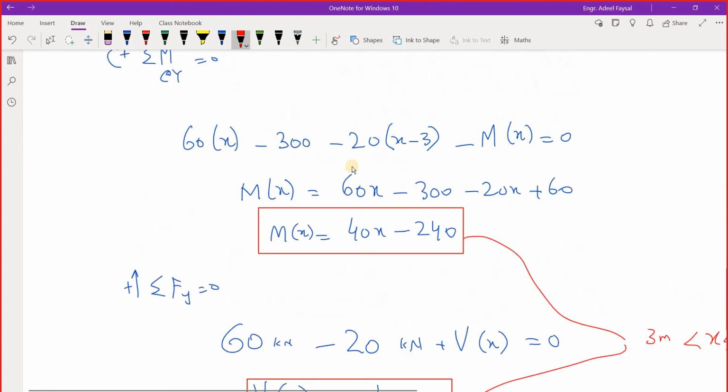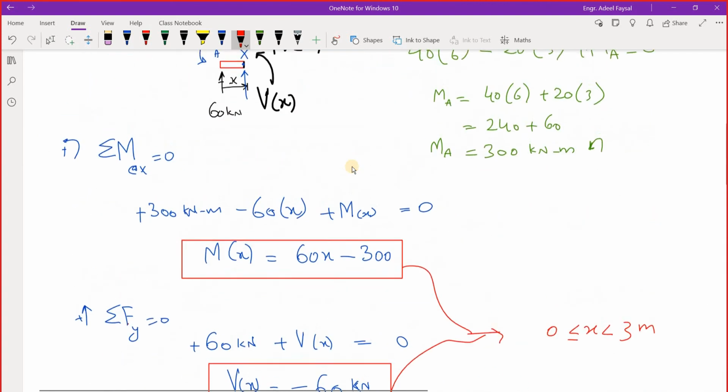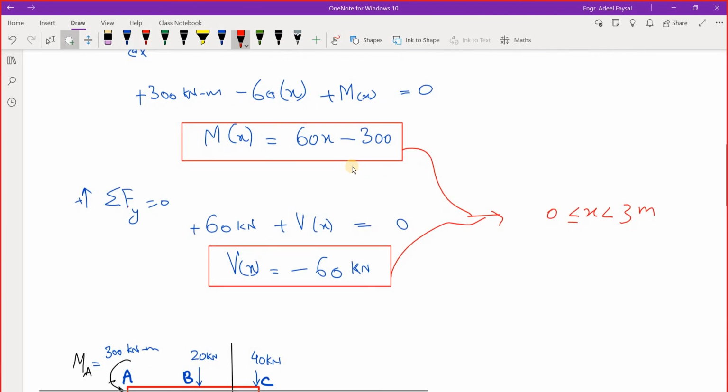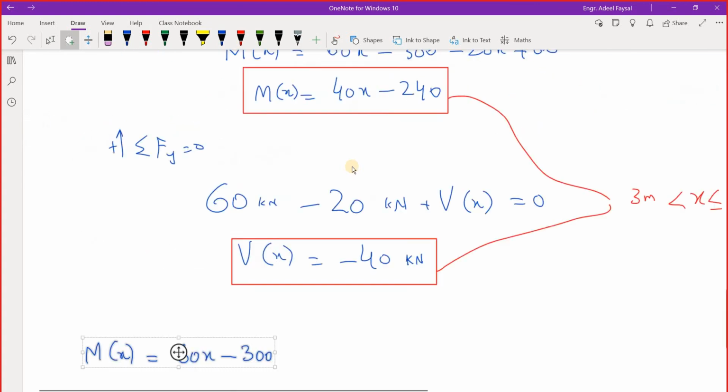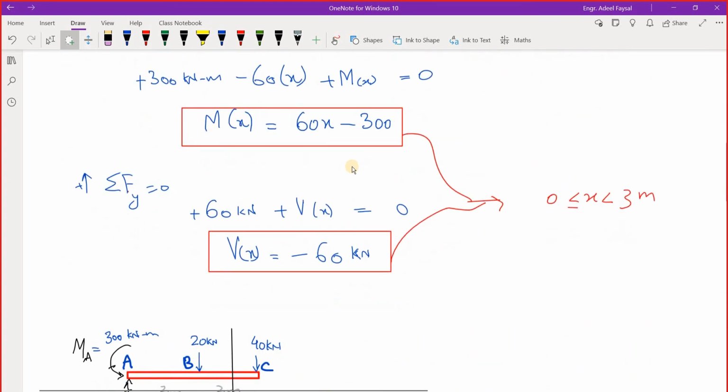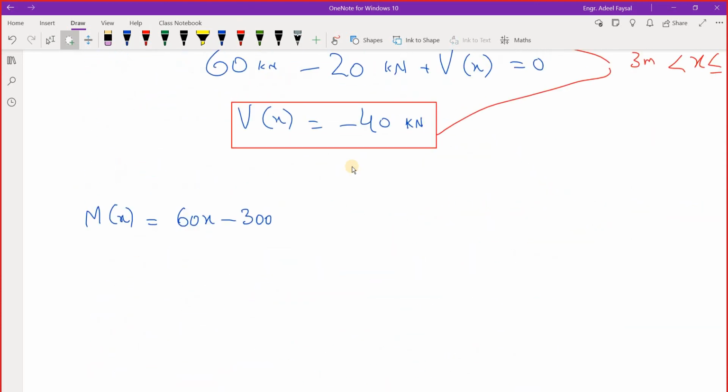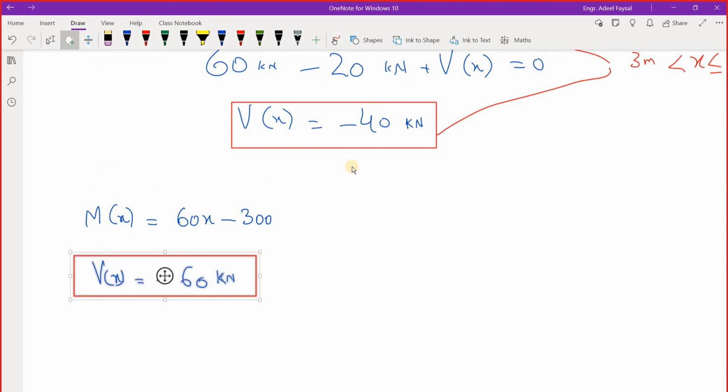Now the next point is how to plot these equations. Let me put these equations together over here. This was the equation for bending moment, and this was the equation for shear. These equations are valid for values of x between 0 and 3 meters.